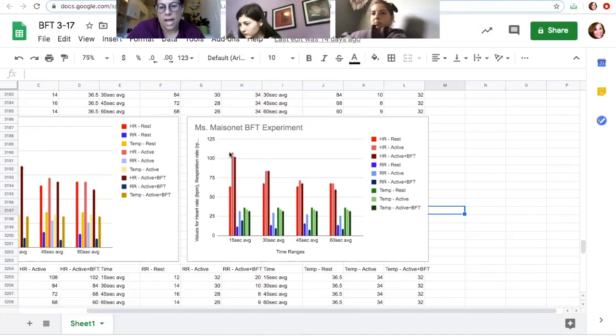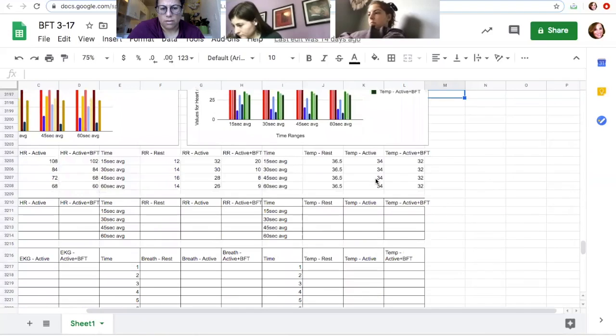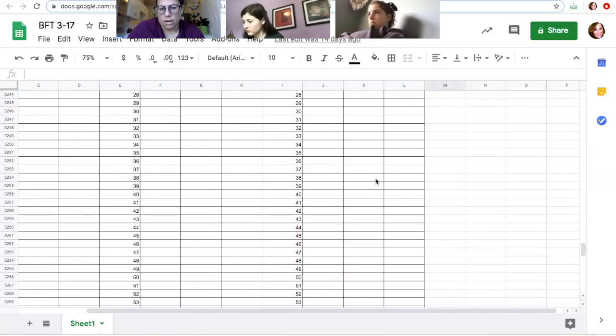Red is all the heart rates, blue is all my respiration rates, and greens are my temperatures, so that when I was reading it, it was friendlier. So you have the option of doing that. You don't have to at all.